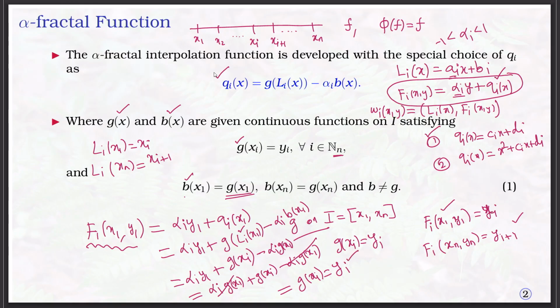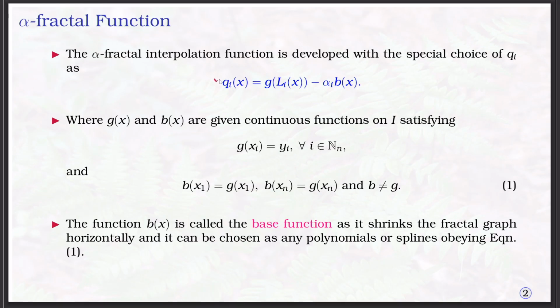So, if you are choosing the special form of qi as this one, it satisfies this condition, and similarly we need to check that this function satisfies fi of xn comma yn.